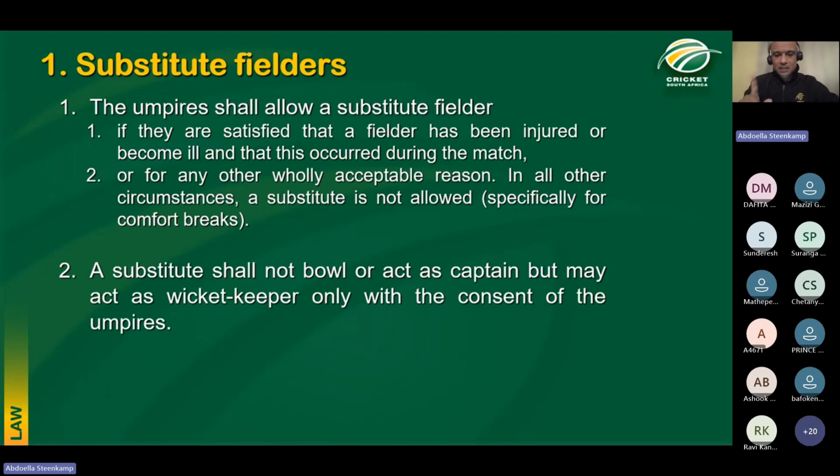What powers does the substitute have? Substitute cannot bowl, substitute cannot bat, substitute cannot captain. So technically, substitute can only field. But the law allows for the substitute to act as the wicketkeeper, but they need permission of the umpires before they can be a wicketkeeper.